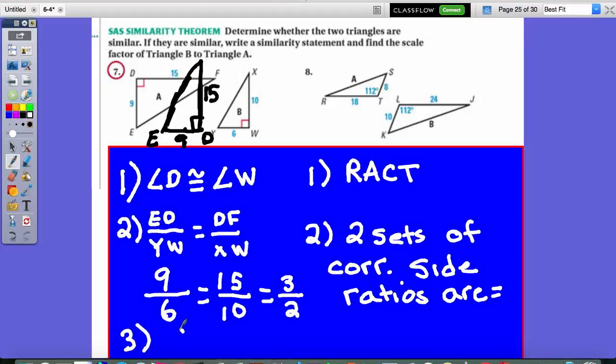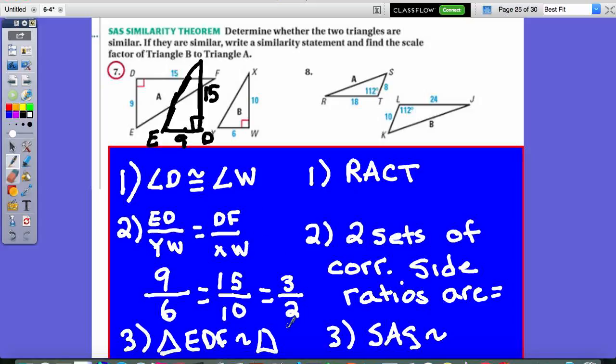So I can prove that these triangles are similar by the side angle side similarity theorem. And I prove triangle EDF is similar to triangle YWX.